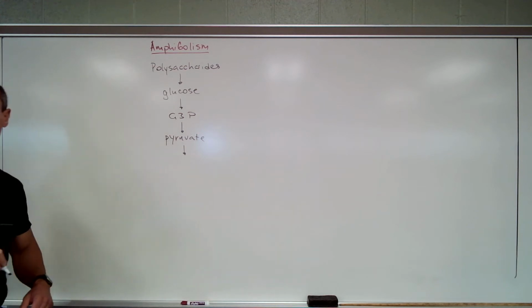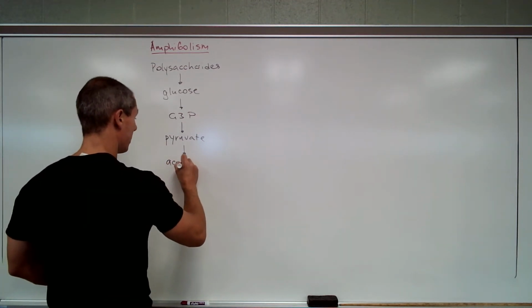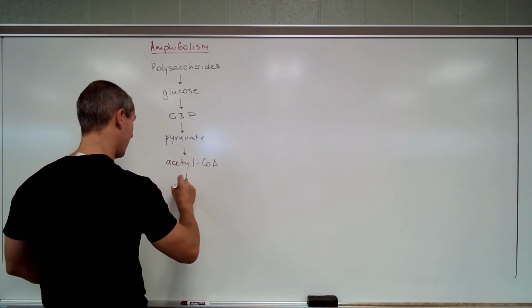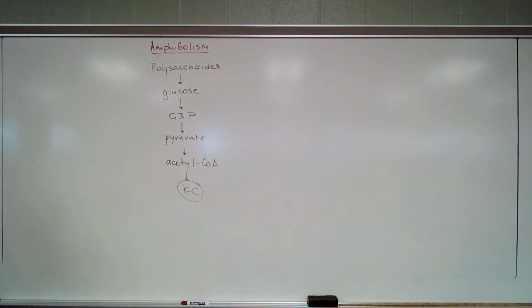Pyruvate, during the transition step, is oxidized to acetyl-CoA, which in turn enters the Krebs cycle. Okay, so this is the stuff that we covered last week, nothing new here, right?